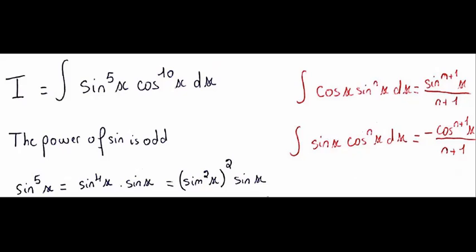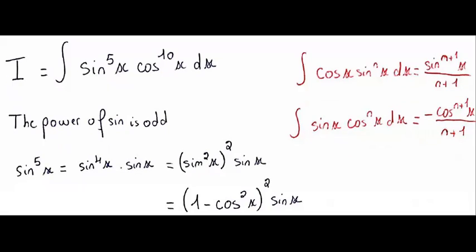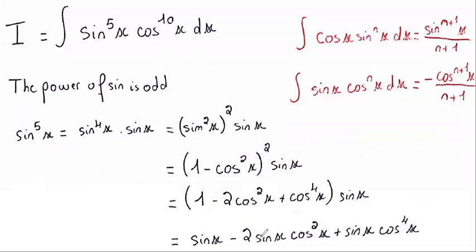As we know that sine squared is 1 minus cosine squared, because sine squared plus cosine squared is equal to 1, this would be equal to 1 minus cosine squared x, all to the power 2, multiplied by sine x. So we expand here. We get 1 minus 2 cosine squared plus cosine to the power 4 x, times sine x.